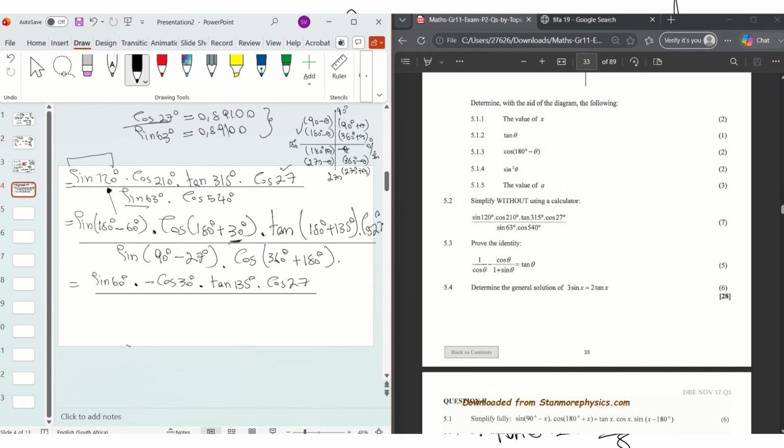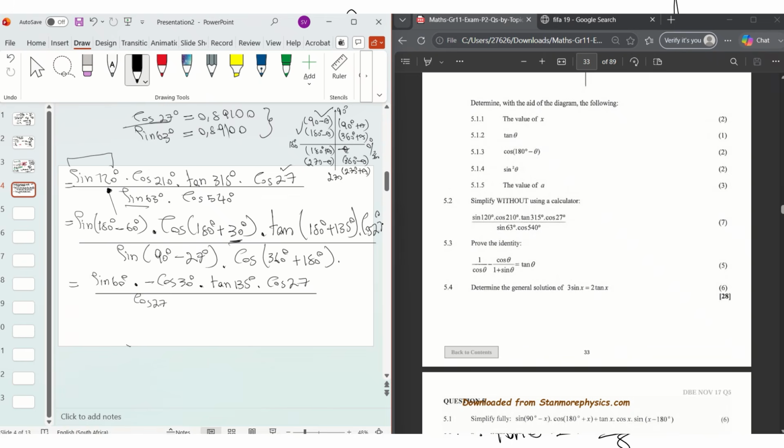so sine of 90 minus 27, these are cofunctions now, guys. So 90 minus, which quadrant is that? The second quadrant. How is sine in the second quadrant? It's positive. So will the function change? Yes, it will change to cos 27.